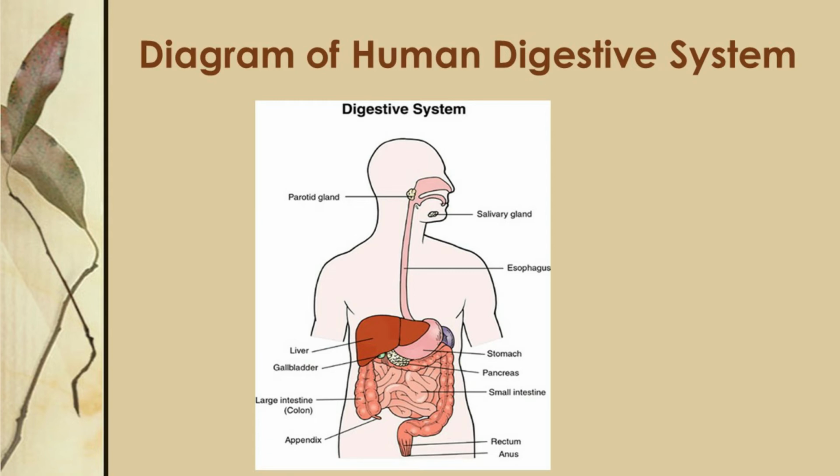After the digestion of the proteins, food reaches the small intestine, which is the longest part of our body. Inside the small intestine, the digestion of proteins, fats and carbohydrates takes place, and after that food reaches the large intestine.